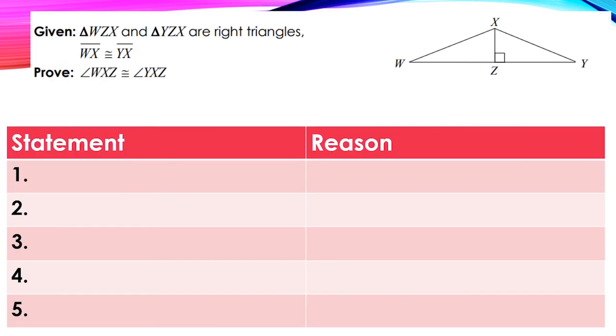All right, so in this proof right here, we want to prove that angle WXZ, which is this angle right here, is congruent to angle YXZ. So we want to prove that these two angles are congruent. So let's start out with our given statement.